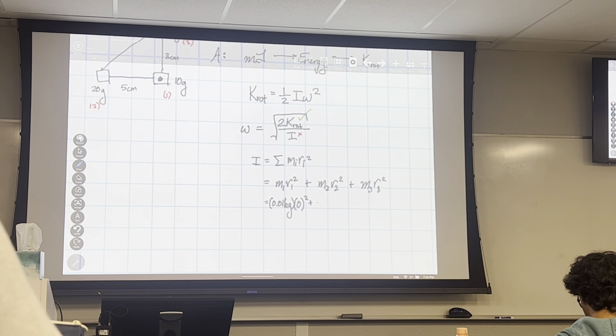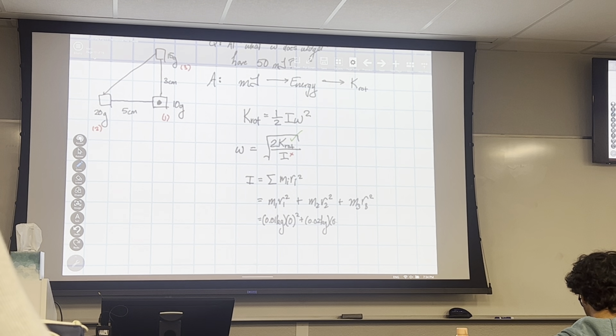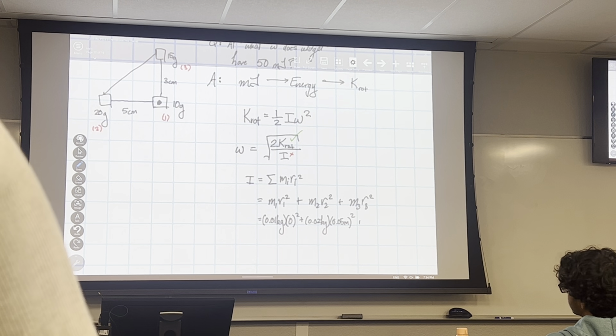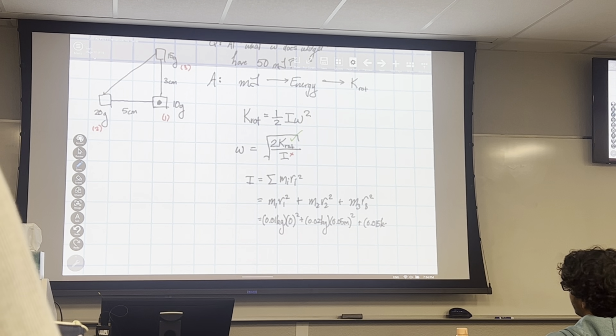Plus m2 is going to be 0.02 kilograms. What is r2? 5 centimeters, which is 0.05 meters, squared. Plus m3 is 15 grams, or 0.015 kilograms, times r3 is 3 centimeters, or 0.03 meters, squared.